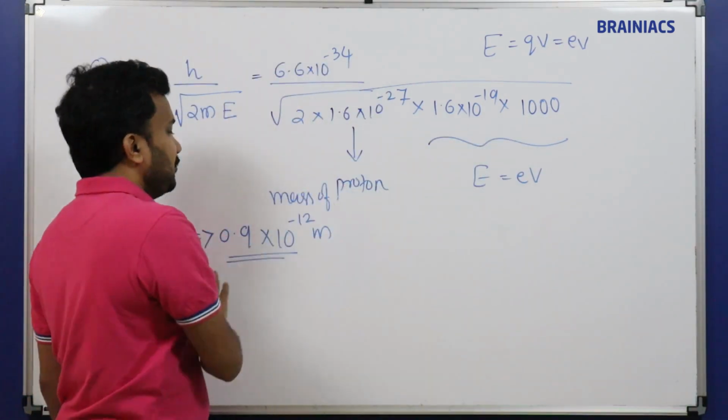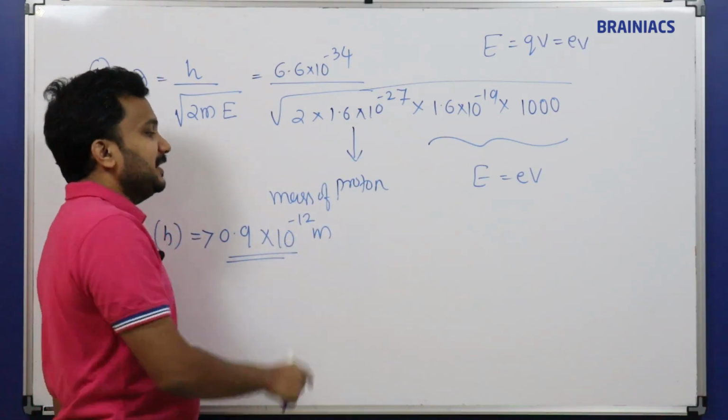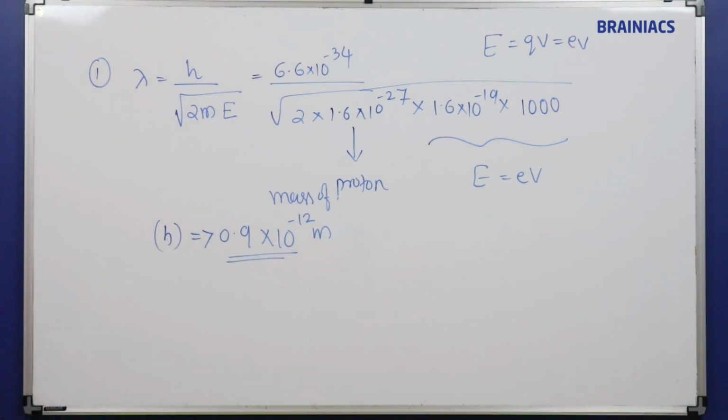Then do the normal division and you will get the answer: 0.9 into 10 power minus 12 meter is the right answer for question number 1.